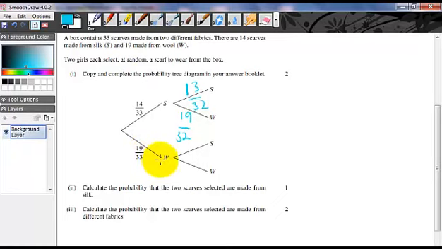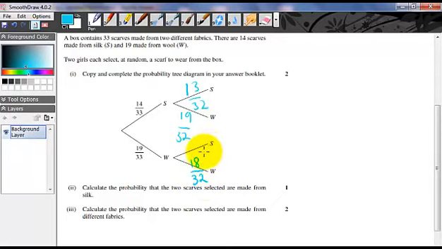We've picked a woolen one, right? Now forget about this possibility. What if I picked wool first, which was 19 wool ones out of 33? Then we'll be left with 18, but there's still 32 scarves left altogether, woolen and silk, right?